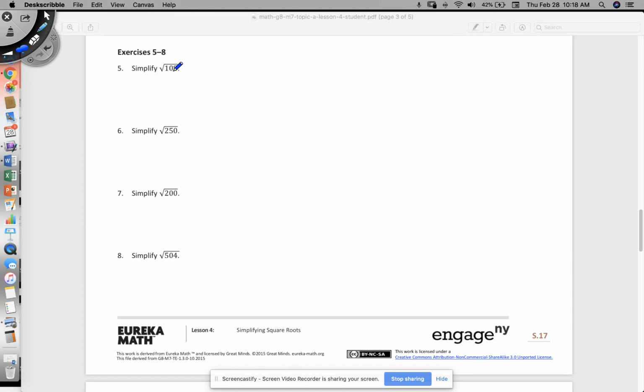All right, so some of these can be broken down even further. What we've been doing before is just finding 2 factors, but some of these have multiple factors. So let's look. At 108, I know that I can do 4 times 27. Now 4 is a perfect square, so I'm going to circle that.